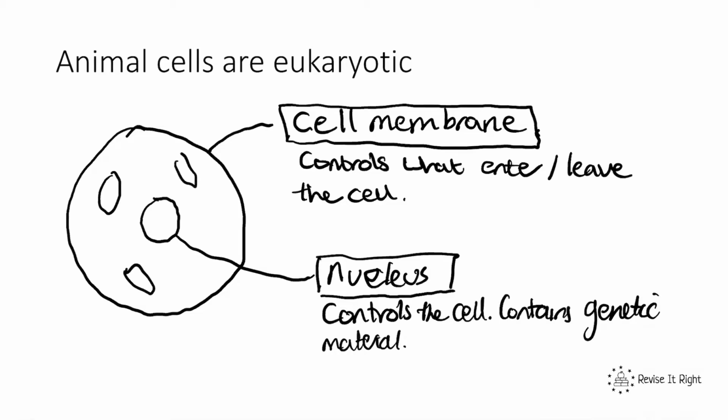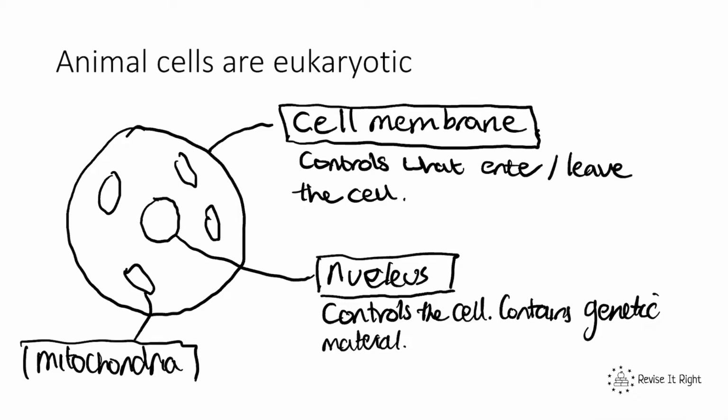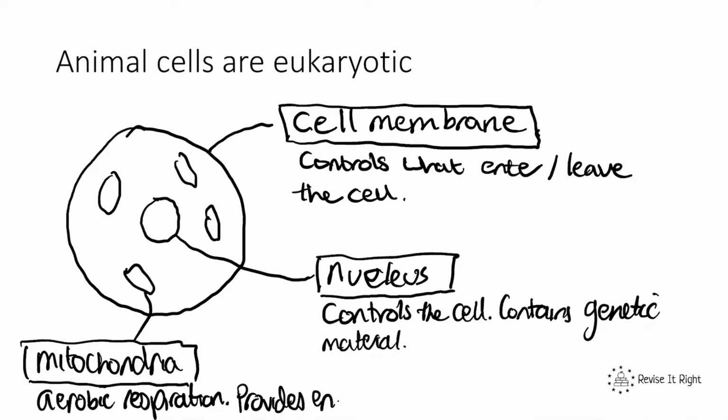Here I am drawing the mitochondria. Now the mitochondria is where aerobic respiration happens in the cell, and this provides energy. So mitochondria is where aerobic respiration happens and it provides energy.